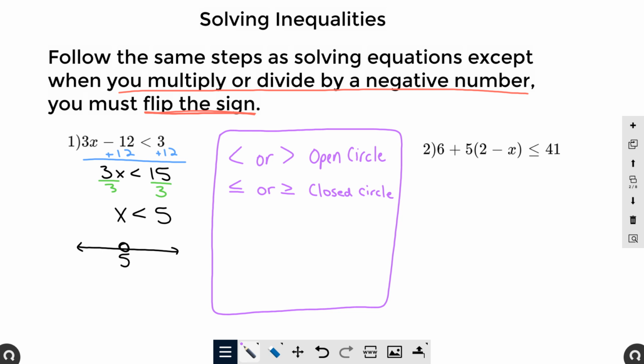So here's how I remember it. If Pac-Man eats the number, you shade left. If it eats the variable, you shade right.